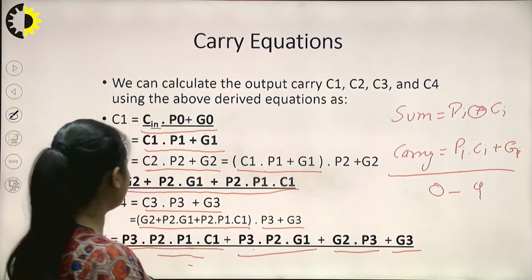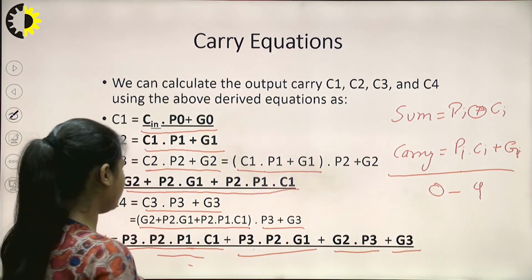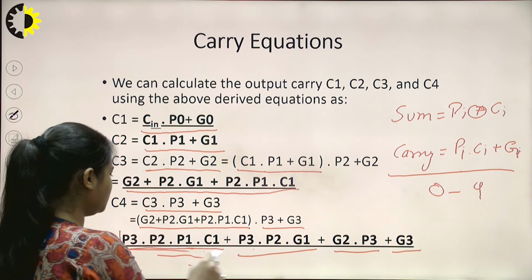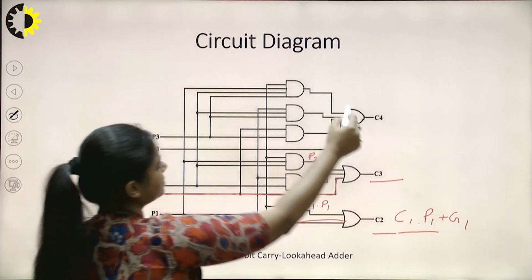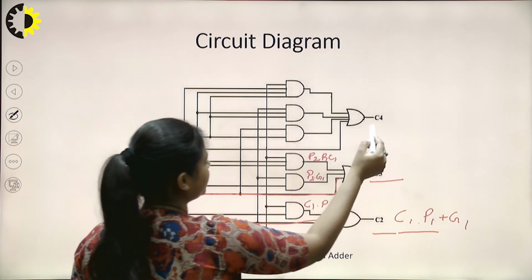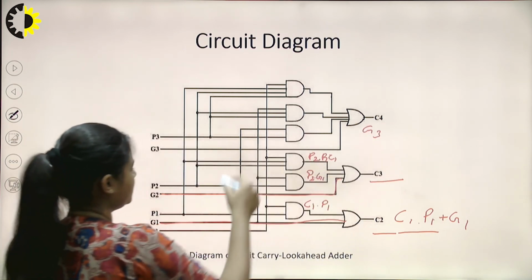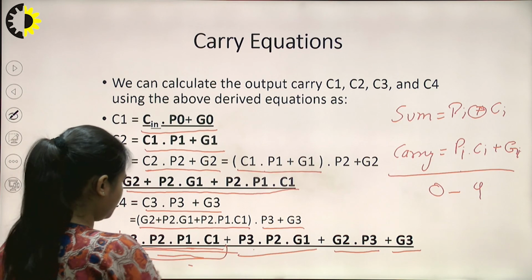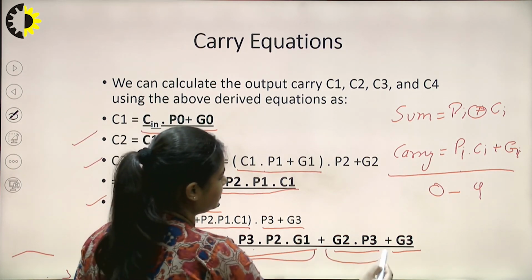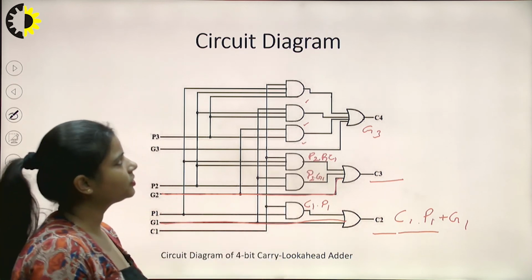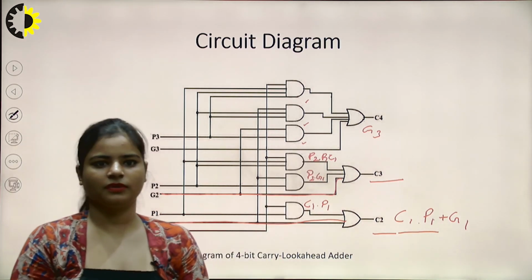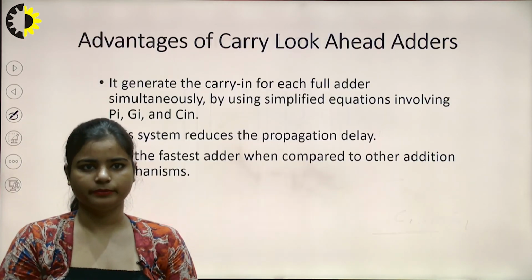And so on with C4, we can have all these combinations using these gates. Again we have G3 directly and all these 3 combinations from these AND gates. So this is the complete circuit diagram of the carry look ahead adder.